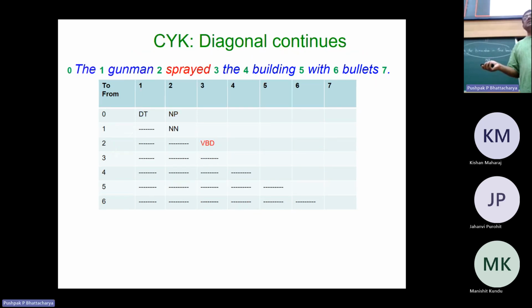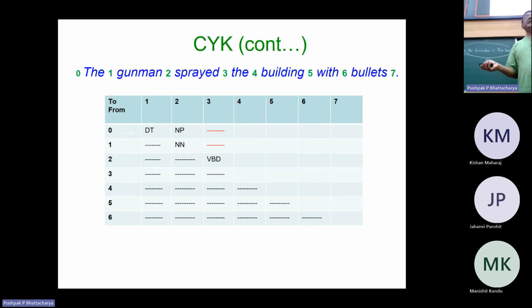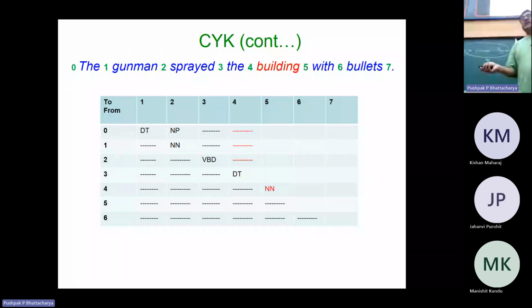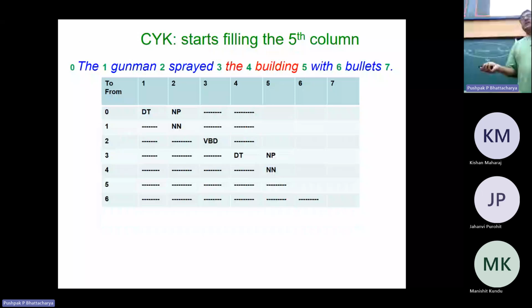Then I find the VBD between 2 and 3. Then I try to see if I can combine VBD with earlier constructs to form a big phrase. I cannot, because I do not have any grammatical rule which ends with VBD. None of them. Then I find a DT between 3 and 4, I find an NN between 4 and 5, building. And I'm able to combine DT and NN between 3 and 5, the building, and get an NP.